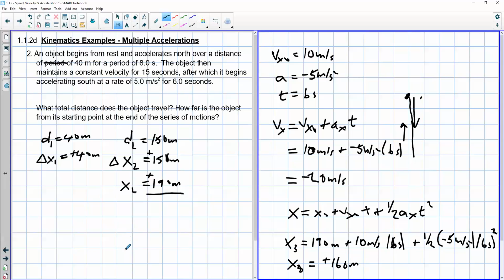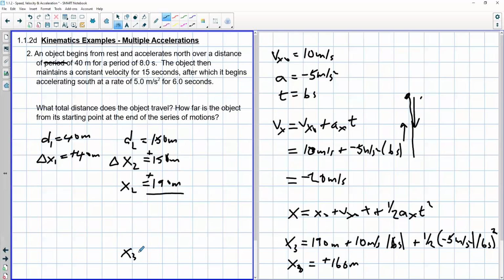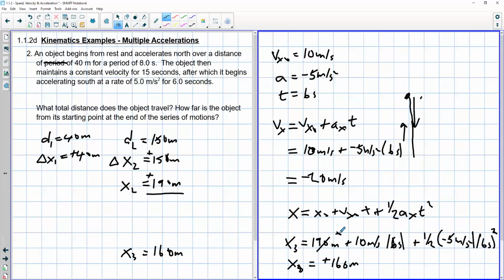So the final position, x3, is 160 meters. And if we had just evaluated this part, if we'd made this initial 0, then we would have been told, okay, well, we're 30 meters south of where that third motion started, right? So that would have been, this segment is -30 meters.